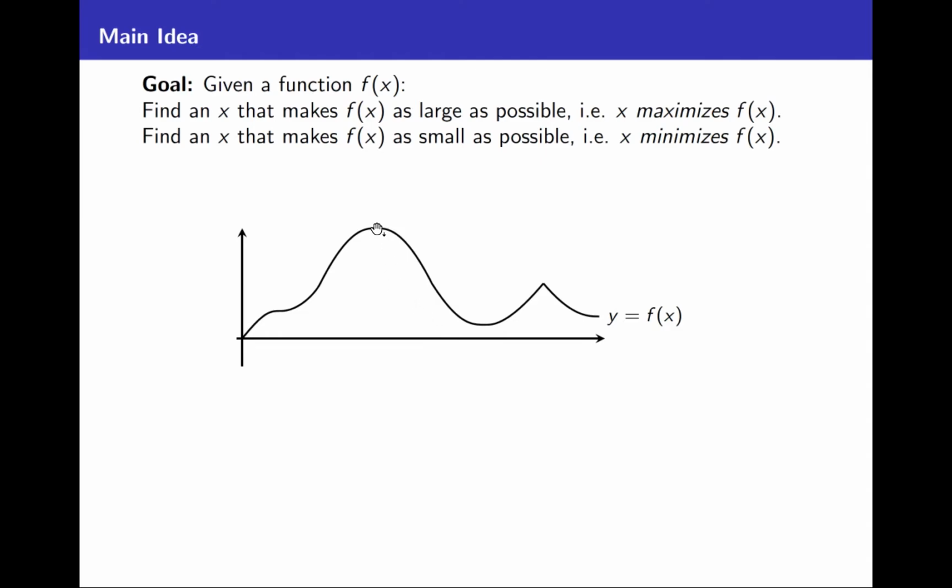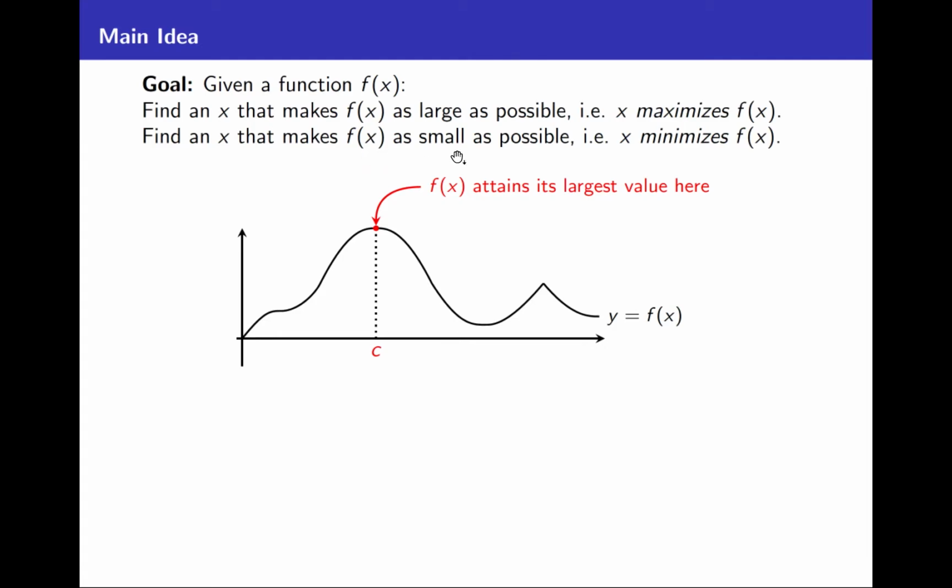Well, you can see that right here at this local maximum, that's also a maximum for f. That's as big as f could possibly get. So at this number c, f of x attains its largest value here. So beginning today, we'll be interested in numbers c like this that maximize f, and also those that minimize f.